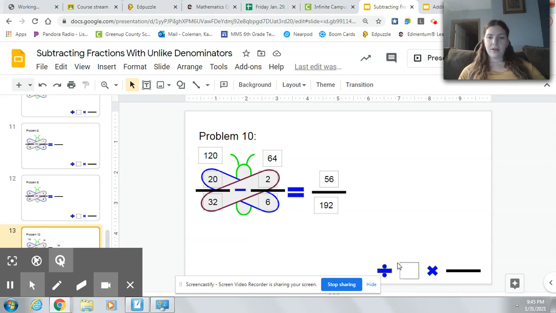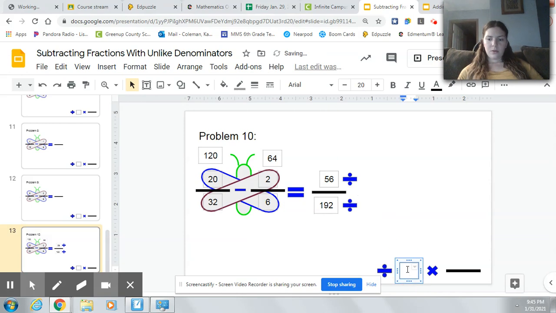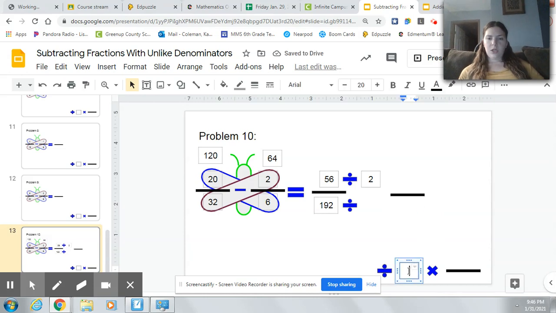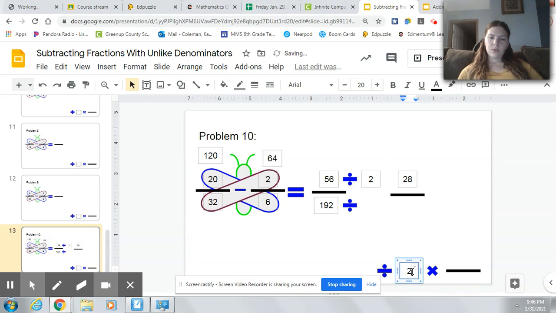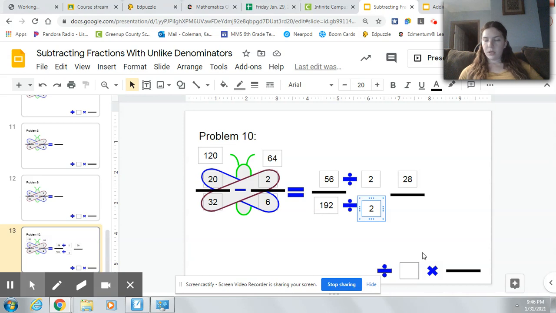So we're going to divide both of these numbers by 2. 56 divided by 2 is going to be 28. 192 divided by 2 is going to be 96.